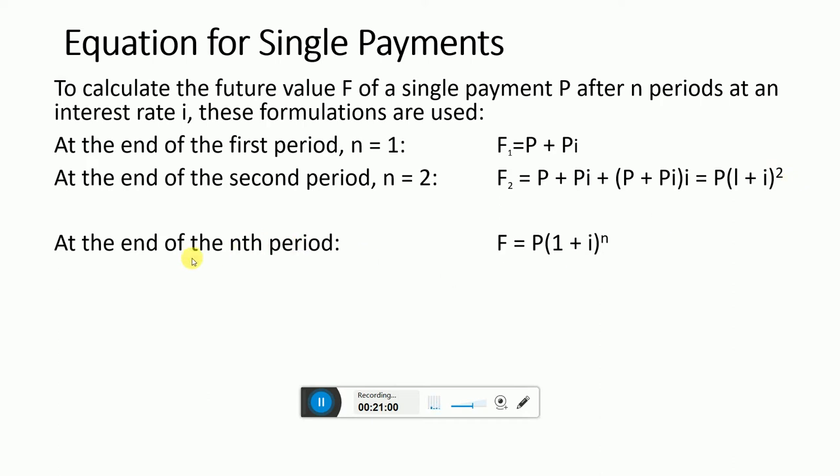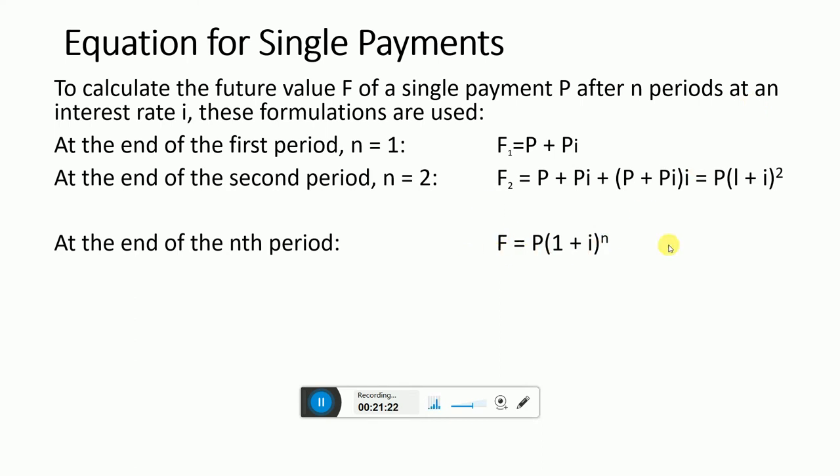So at the end of the nth period, we don't know how many periods are involved. For example, 6 years, 7 years, 8 years, 9 years. So this n would represent the number of years in those cases, and the i would represent the interest per year.